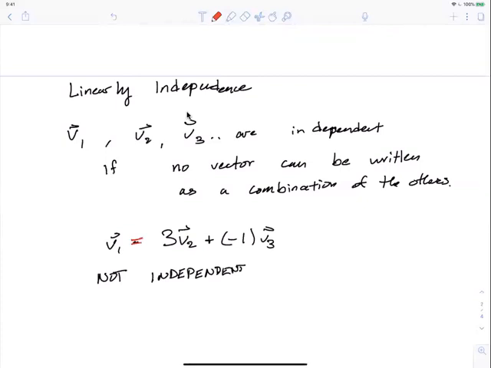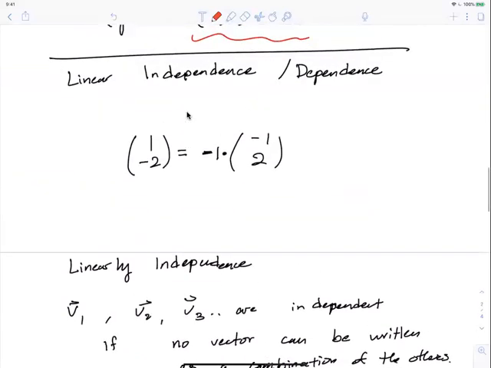If you can't do this, then you're linearly independent. So when we go back up to here, this is an example of linear dependence. You can write one in terms of the other vectors.